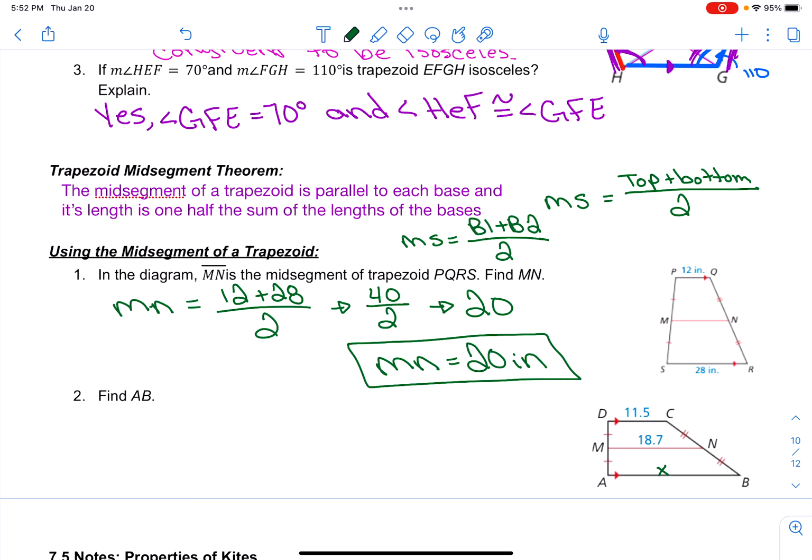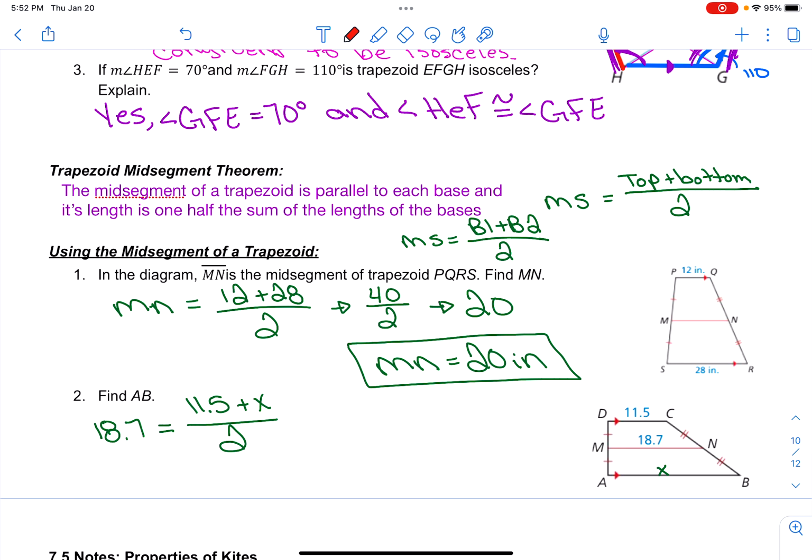So still use the same formula and just plug in all of your stuff. So normally, mid-segment equals top plus bottom divided by 2, okay? So our mid-segment in this case is 18.7. So our mid-segment equals our top of 11.5 plus our bottom, which is just X, divided by 2.